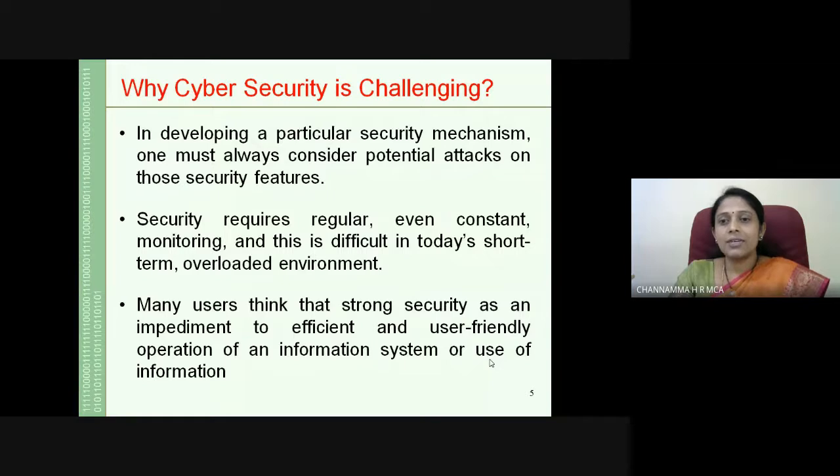The second one is that security requires regular, even constant monitoring, and this is difficult in today's short-term overloaded environment. This is not a one-time job. We have to keep monitoring it. We have heard that every 2 months or 6 months we need to change the password, because when data is stolen in the online world, the owner will not come to know.